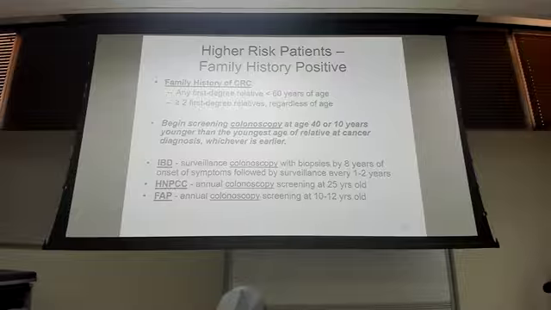That was the hereditary non-polyposis colon cancer, Lynch syndrome. So annual, starting at 25 every year. And then the familial adenomatous polyposis patients, even younger, inevitable to get cancer, they start at 10 to 12 years old. I would know pretty much this slide.